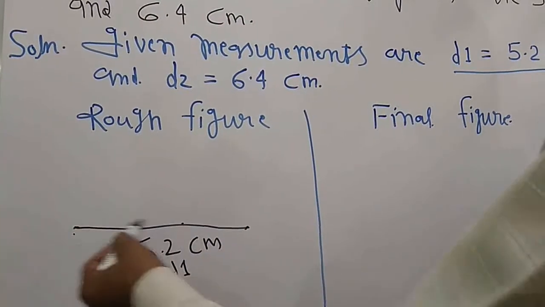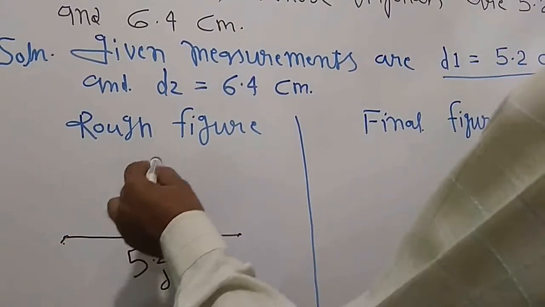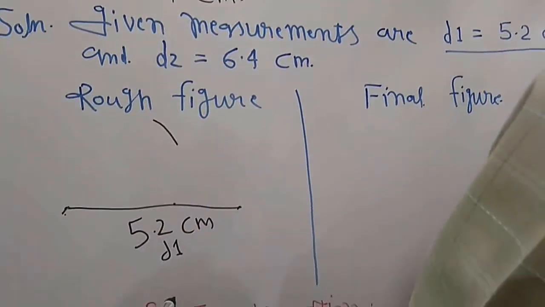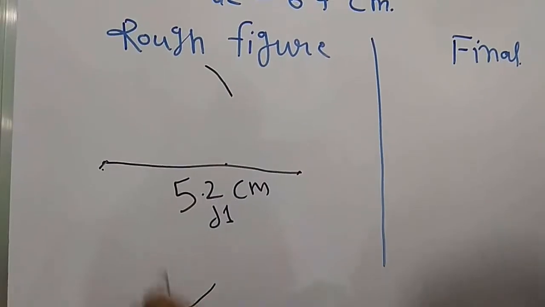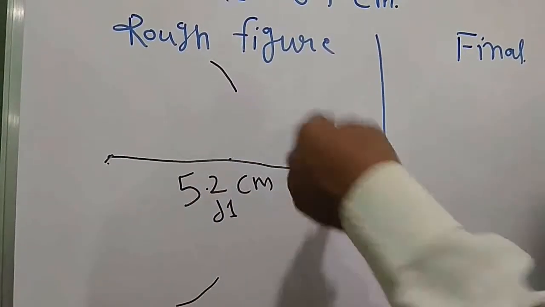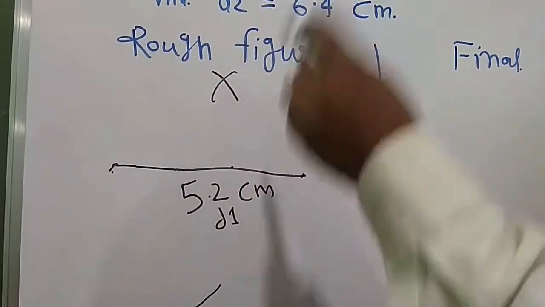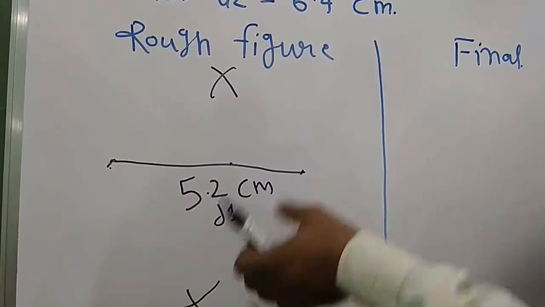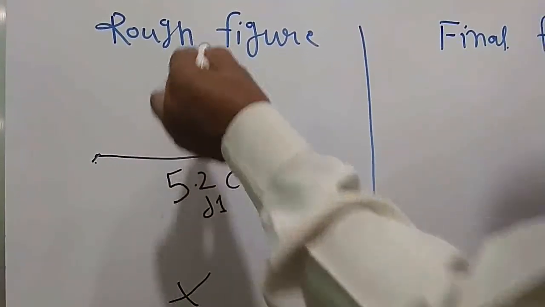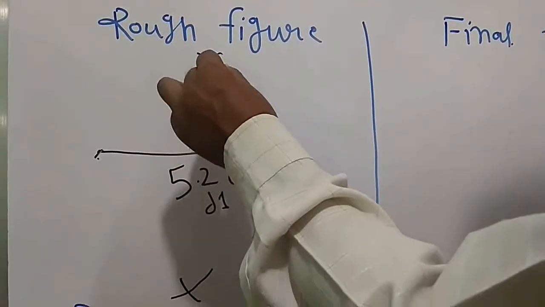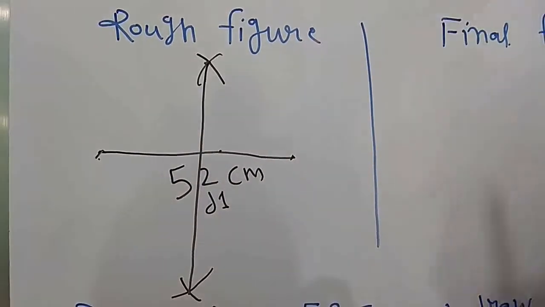We open our rounder this much, and from this point we draw one arc on the upper side and one arc on the downward side. With the same measurement from the other point, we draw one arc on the upper side and one arc on the downward side. After that we join the intersecting points of these two. It is our perpendicular bisector.